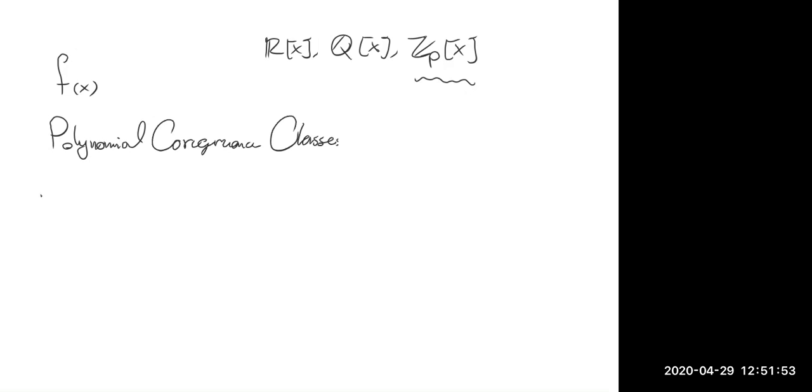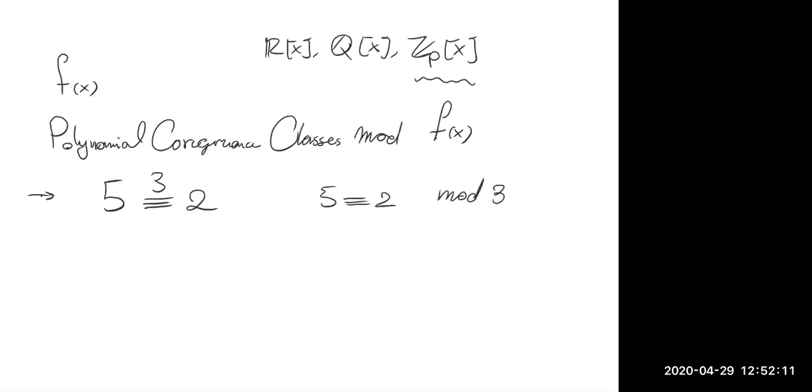So when we have a polynomial, say f(x) is a polynomial, we can think about polynomial congruence classes mod f(x). Well, do you remember when we were working with integers, we used to say, for example, 5 mod 3 is the same as 2, or we used to say 5 is the same as 2 mod 3.